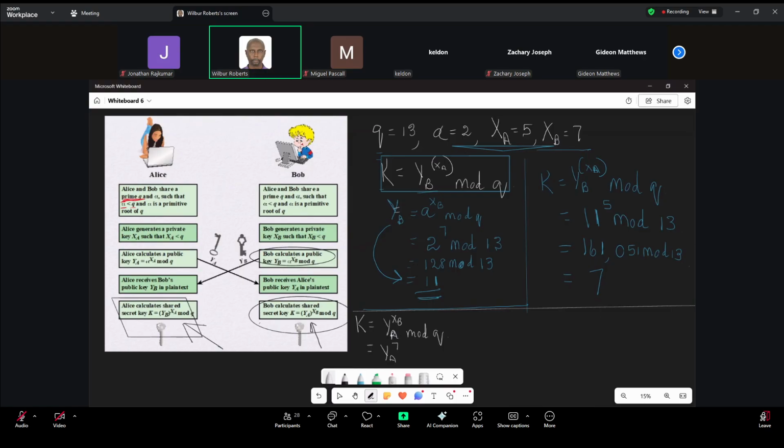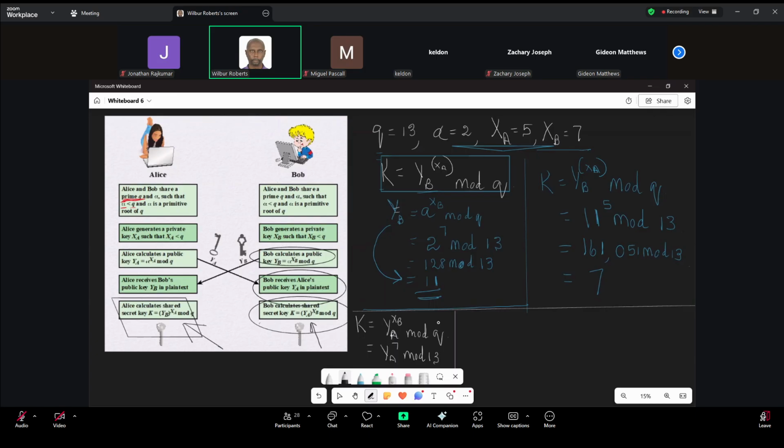XB is 7, mod Q, which is 13. So now what we have to find out is what is YA. And if we go across here, where do I find it? Oh, across here in this box here.